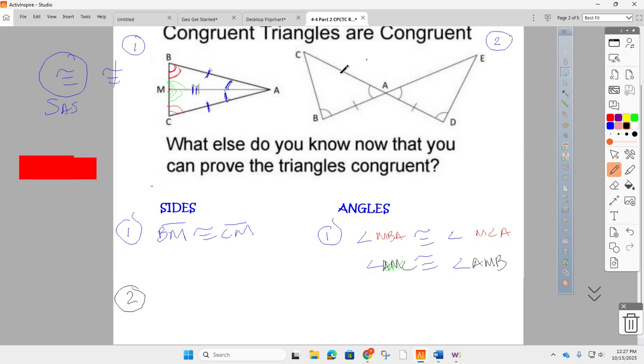Do we know that these triangles are congruent? Are they congruent? Yes. What do you think, Thomas? Ashley's right, they are congruent. What's the postulate that we can use to say they're congruent? So one of those four things that we talked about.